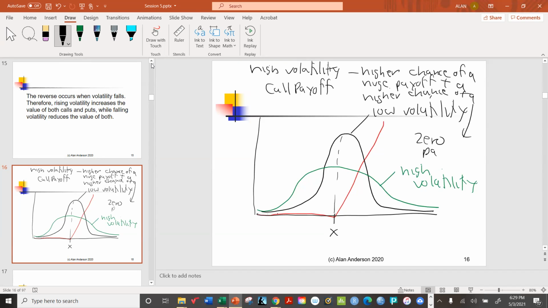So you see how this works to our benefit. There's a much higher chance of getting an enormous payoff compared to adding a higher probability of getting a zero payoff. So on balance, we're better off with a high volatility stock than the low volatility stock.